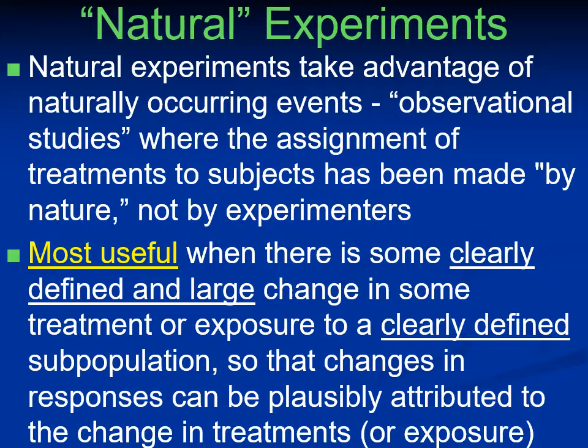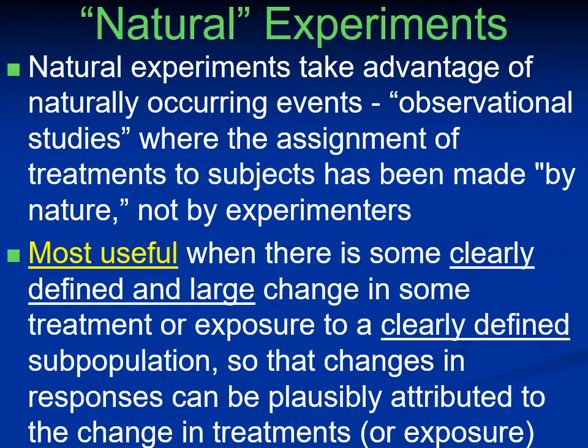Like I just said, this is referred to as a natural experiment, often thought of as a subcategory of a quasi-experiment. Natural experiments, just like it sounds, basically take advantage of some naturally occurring event of interest. It's really just like an observational study where the assignment of treatments to subjects has been made by nature and not by experimenters.